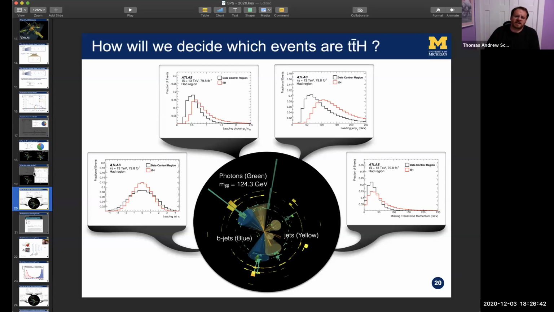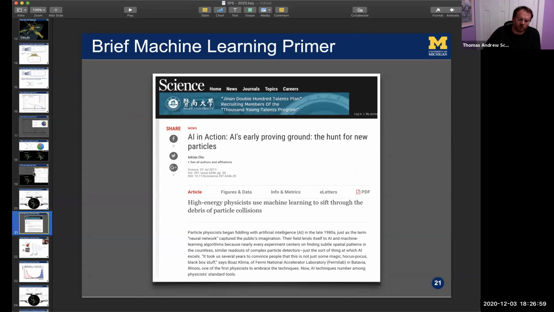What is done is taking all of this information and training some type of machine learning technique. It's been a very long time since I've done an analysis where there has been no machine learning. It's ubiquitous now. I put a little cute article here to talk about how some of this started up.